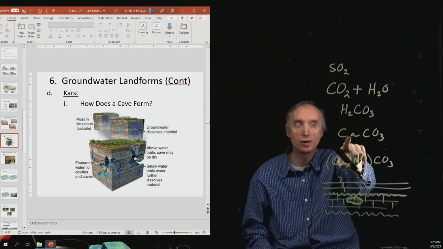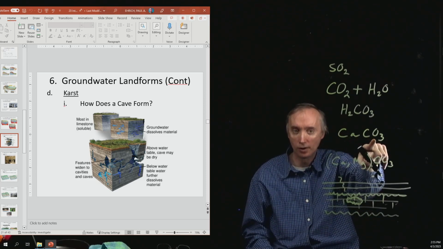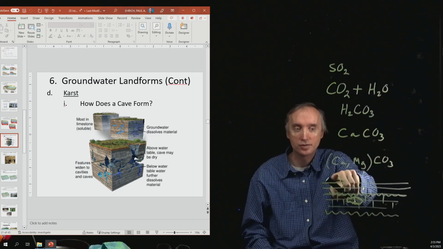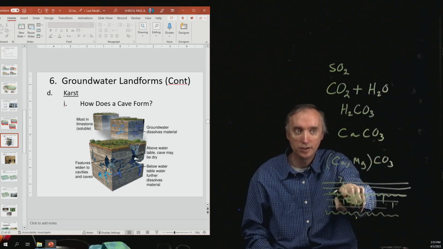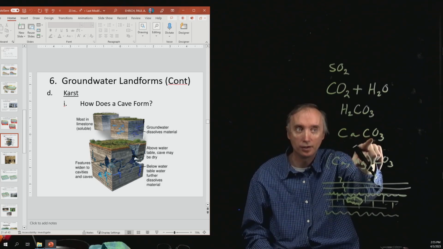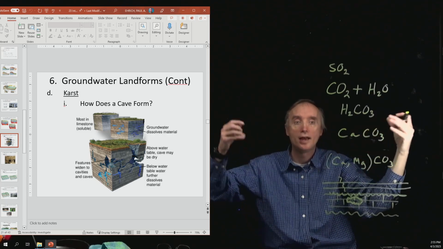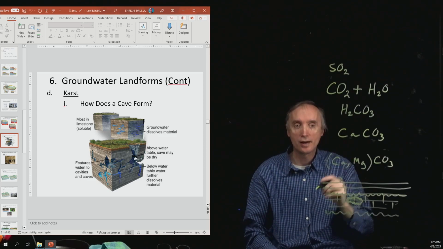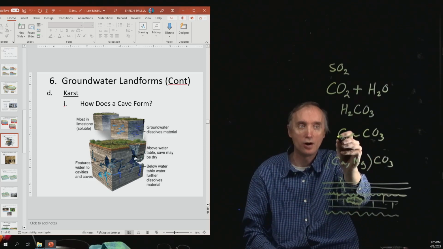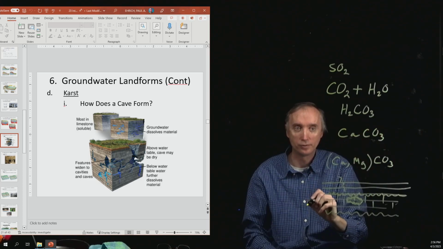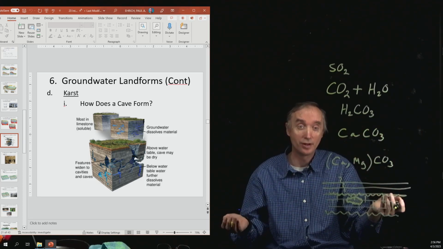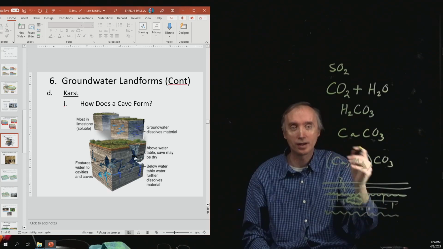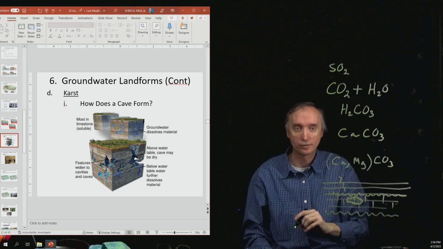Instead of calcium carbonate being broken apart, this groundwater is going to be carrying in calcium and carbonate dissolved, and it's going to go back together again and form travertine. So we don't call it calcium carbonate anymore. It is calcium carbonate, but we don't call it calcite. We're going to call it travertine.